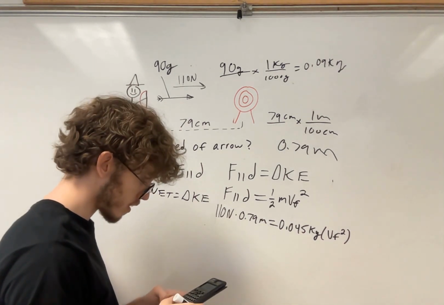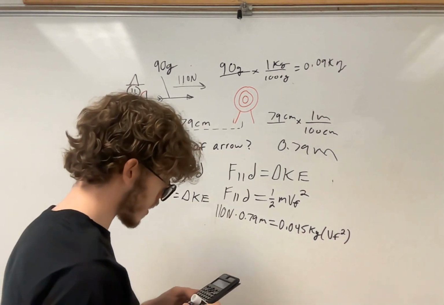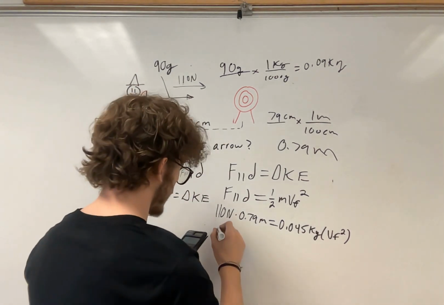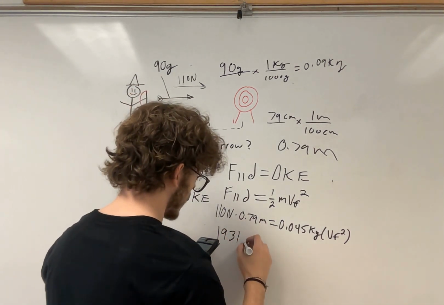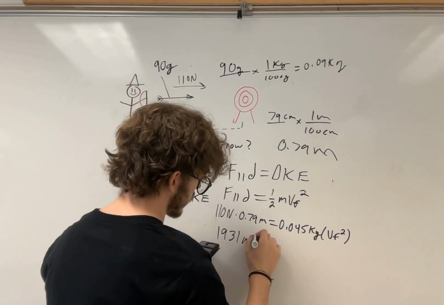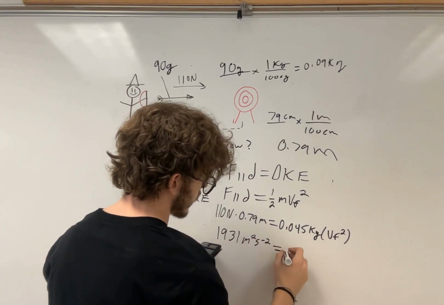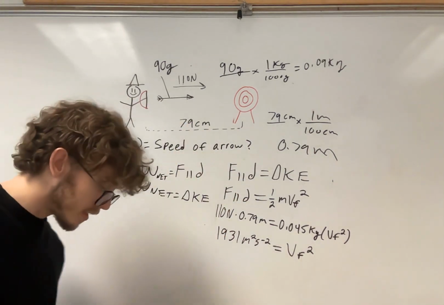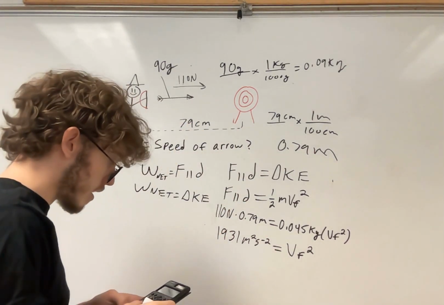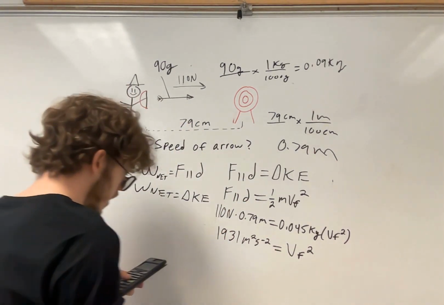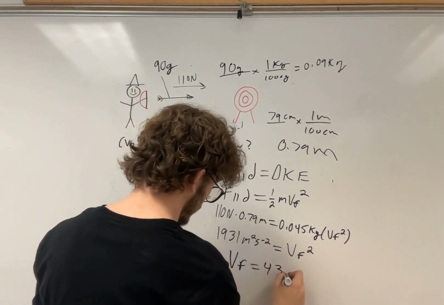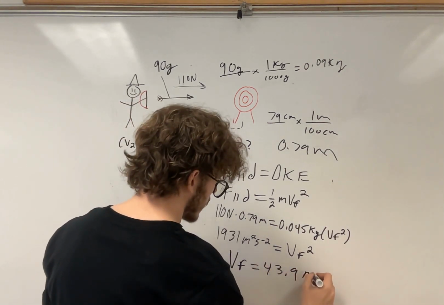So 0.79 times 110 divided by 0.045. We have 1931 meters squared per second squared equals our final velocity squared. What comes next is just a square root. We take the square root and we get our final velocity is equal to 43.9 meters per second.